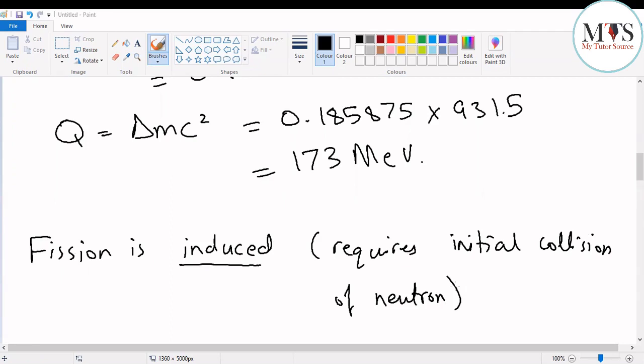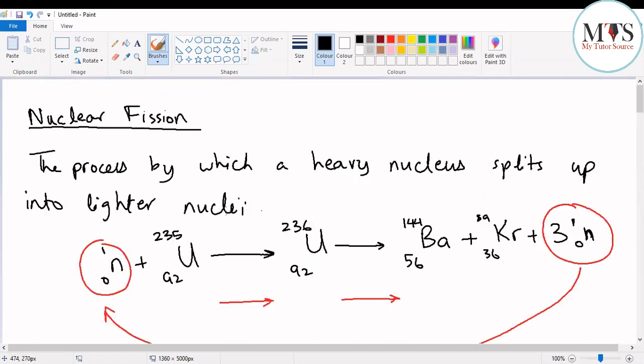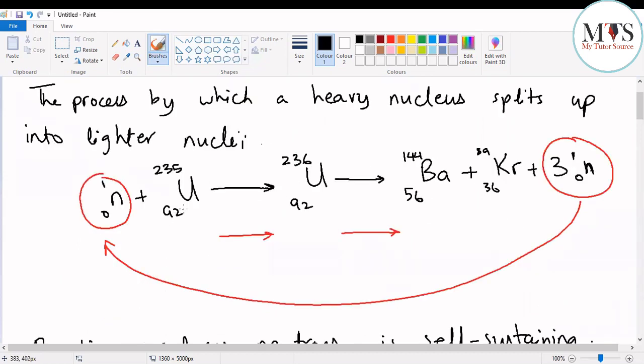If you look at all of this, fission is basically the way that nuclear power plants work, and also something like this happens in atomic bombs or nuclear bombs.